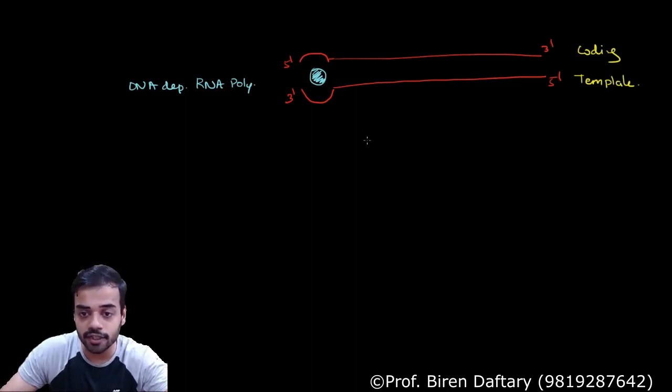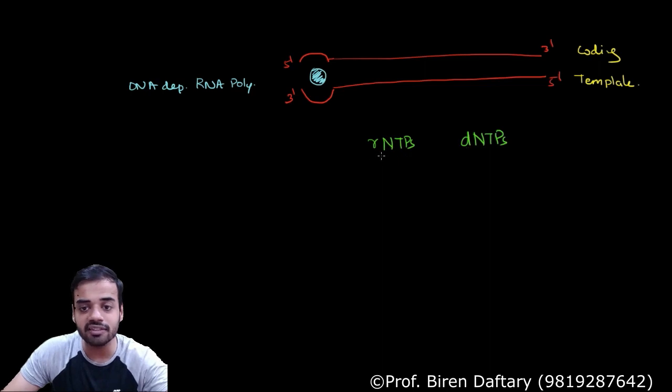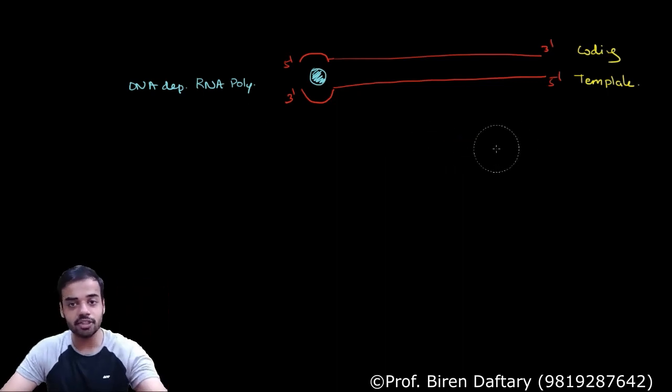What is the meaning of RNTP? Ribonucleotide triphosphate. These RNTPs, in DNA, are called DNTPs. This is deoxyribo, this is ribo. So these are basically A, U, G and C. They are already present in the nucleus.